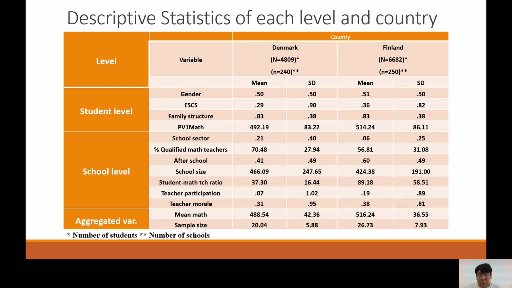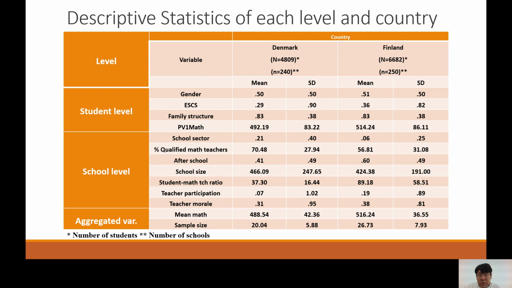But PISA math is our target variable, math score. Finland was higher than Denmark by 22 points.